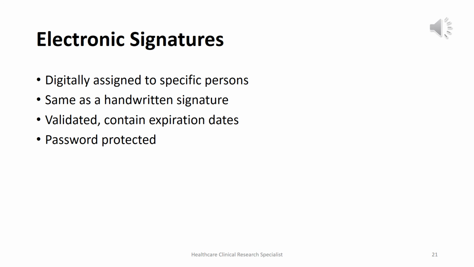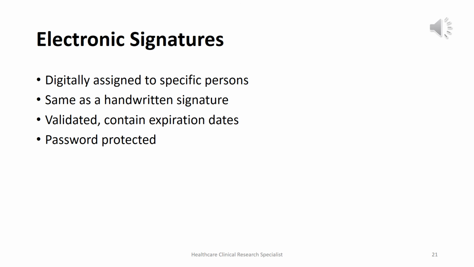Electronic signatures. These are one of the key components of 21 CFR Part 11, and I hope that you read about those as you look through that particular regulation. But it's important to understand that the FDA considers electronic signatures to be valid, and they consider them to have the same legal authority as a handwritten signature.